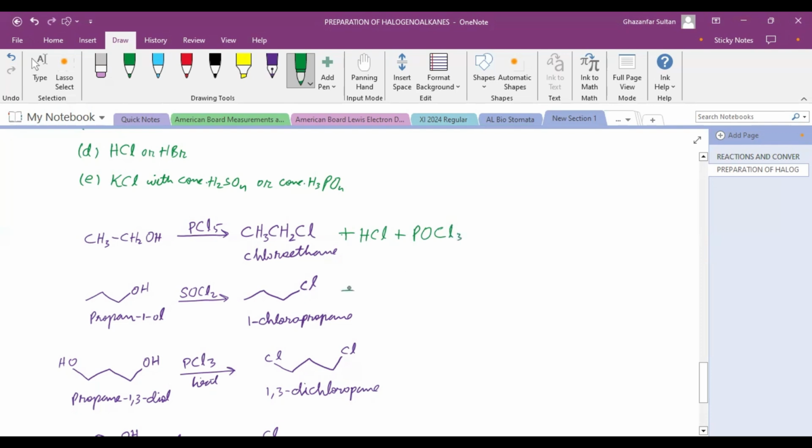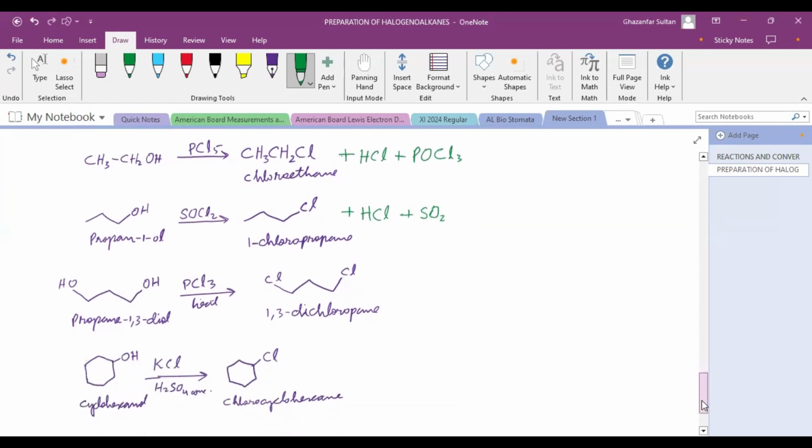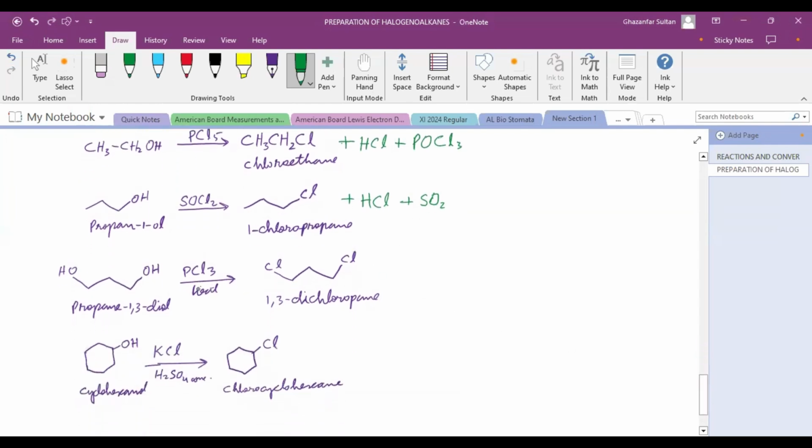In case of SOCl2, again the ratio is 1:1, and one of the products is HCl in the same manner, while the oxygen combines to produce sulfur dioxide gas. So during this reaction, you will feel the burning sulfur smell due to the production of SO2.